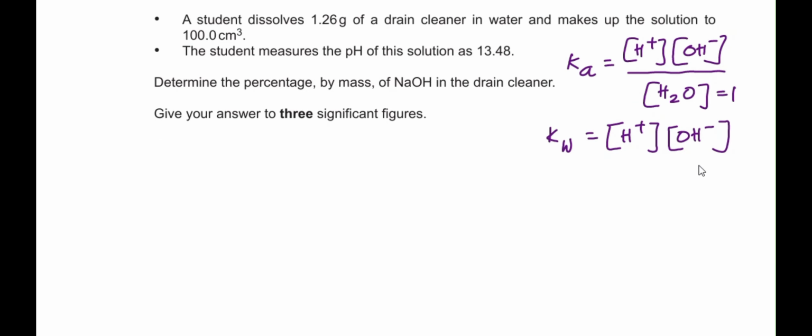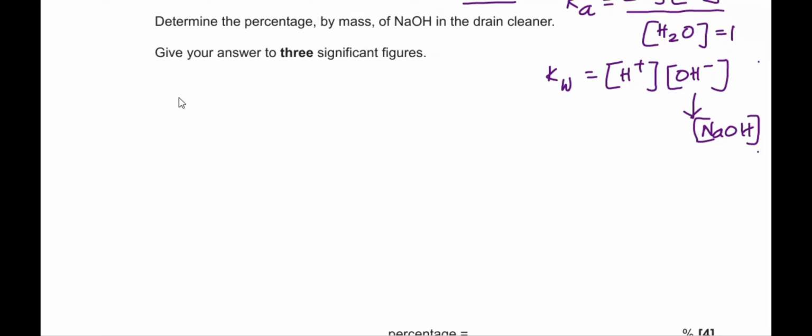When NaOH dissolves in water, it's assumed that all the hydroxide ions come from NaOH. So that's equal to the concentration of NaOH. The value of Kw will be provided in your data sheet as 1 times 10 to the power of minus 14.